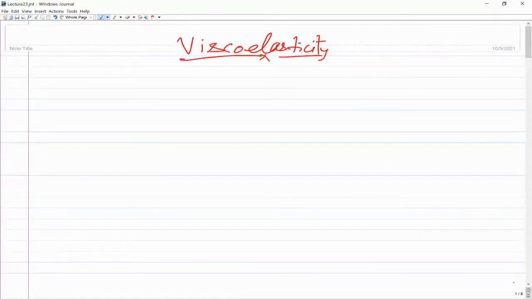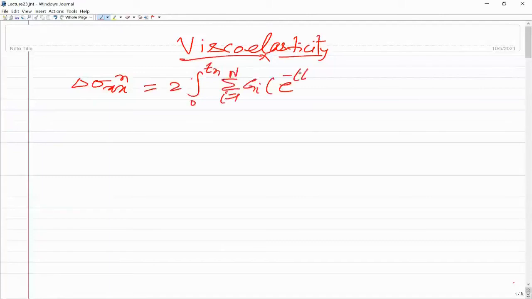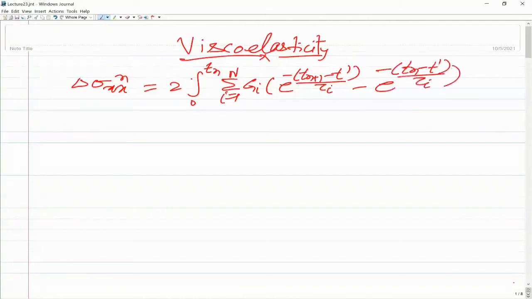Last class I was talking about this delta sigma xx corresponding to the nth step, which we said is twice the integral from 0 to tn, and then the summation over i from 1 to n of gi times e to the power minus (tn plus 1 minus t dash) upon tau i, minus e to the power minus (tn minus t dash) upon tau i, and this whole thing multiplies epsilon xx minus 1 upon 3 epsilon v.